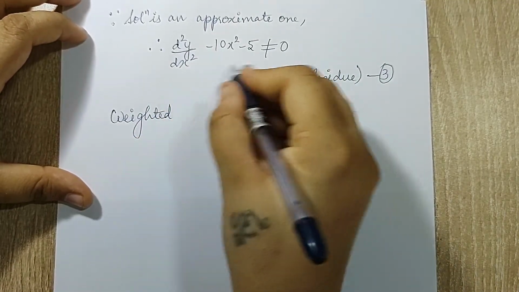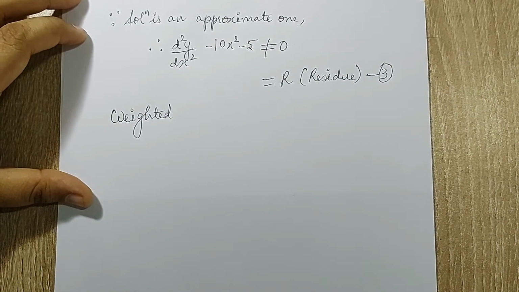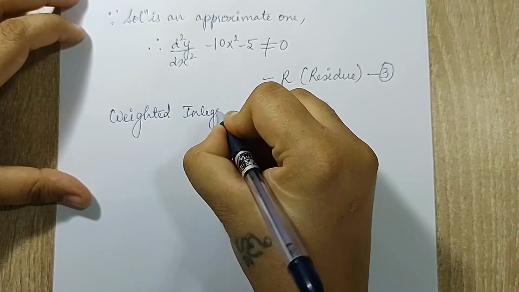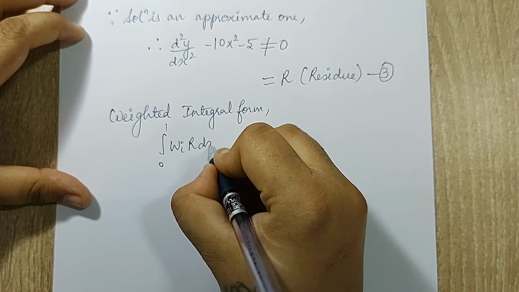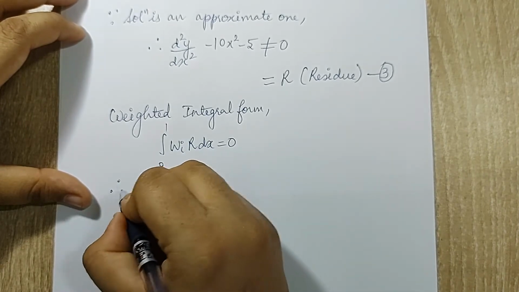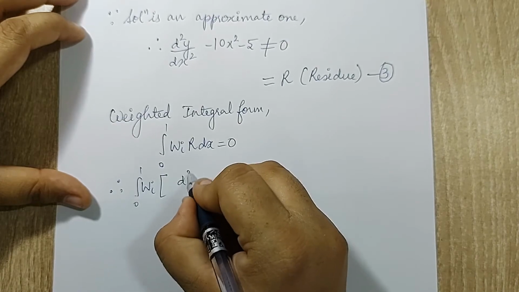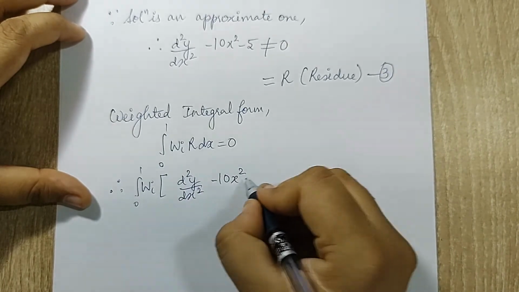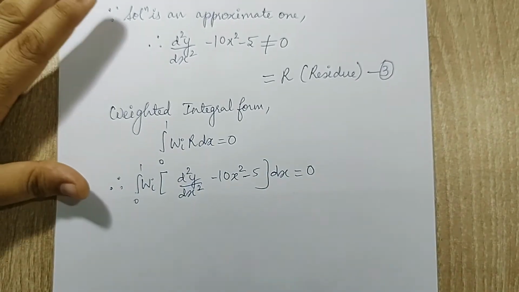I am not going to calculate these values because I am not solving by any other method except for the RR method. So I will directly go to weighted integral form, which is integration 0 to 1 wi r dx is equal to 0. Therefore integration 0 to 1 wi times (d square y by dx square minus 10x square minus 5) dx is equal to 0.